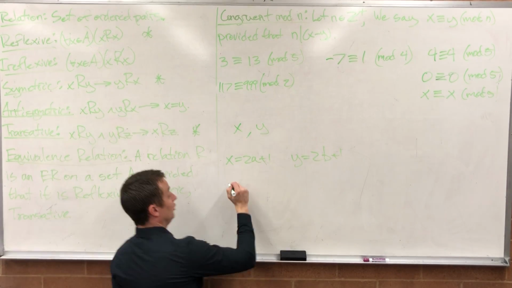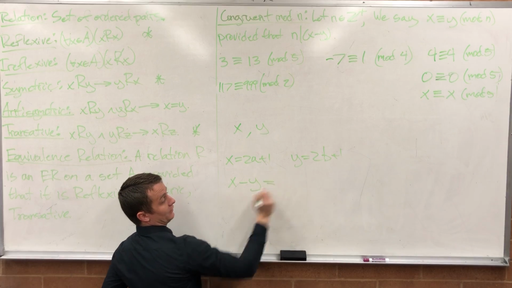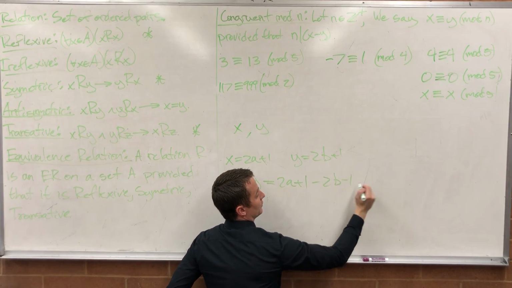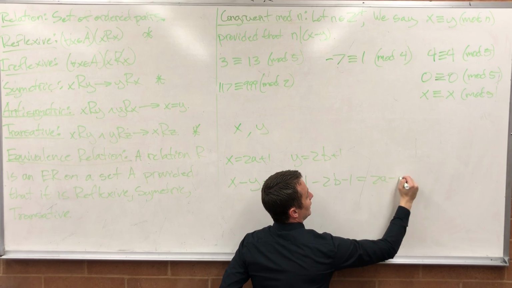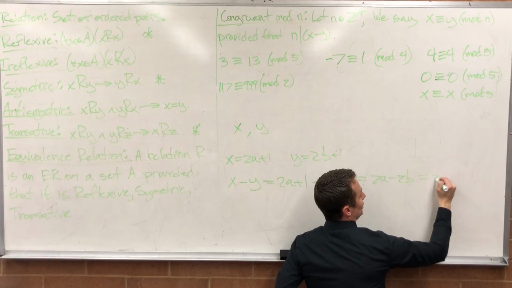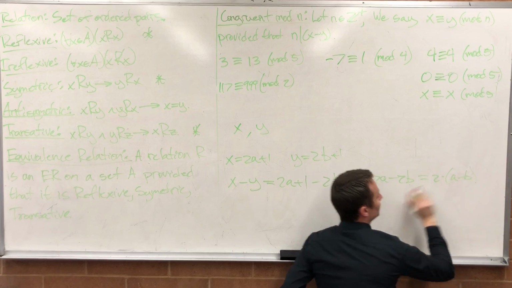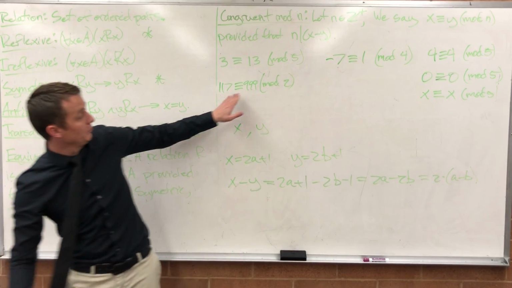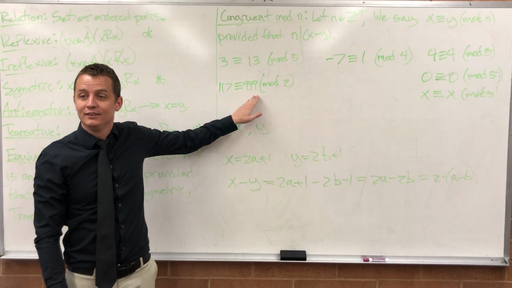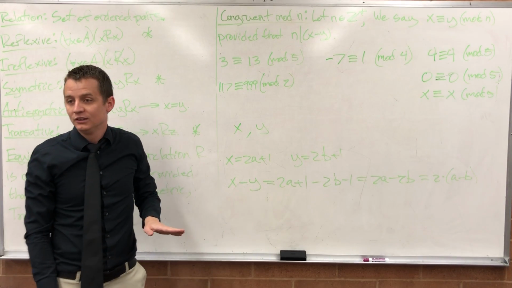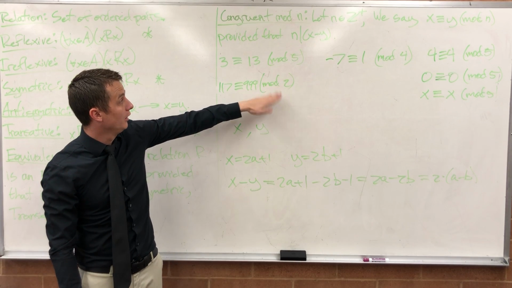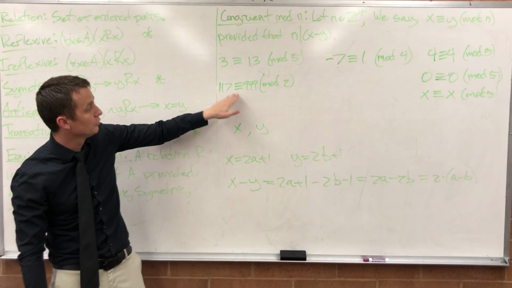So then x minus y is 2a plus 1 minus 2b minus 1, which is 2a minus 2b, the ones go out, which is equal to 2 times (a minus b), 2 times an integer. Even. Okay, an odd minus an odd is even. Is an even always divisible by 2? Yes. So the mod 2 congruence relation, the congruence.